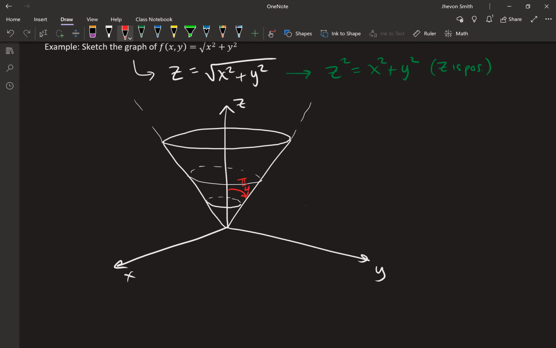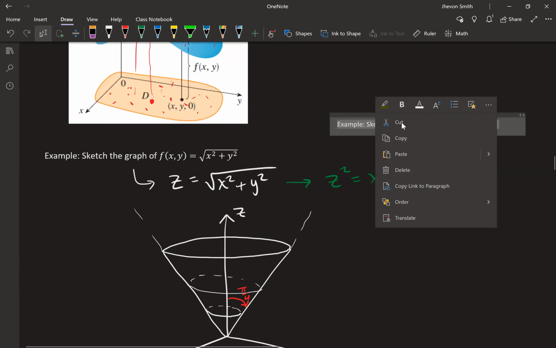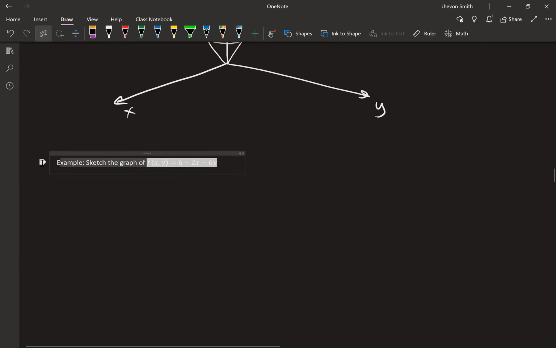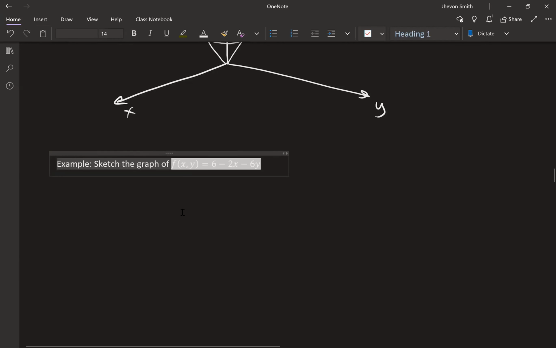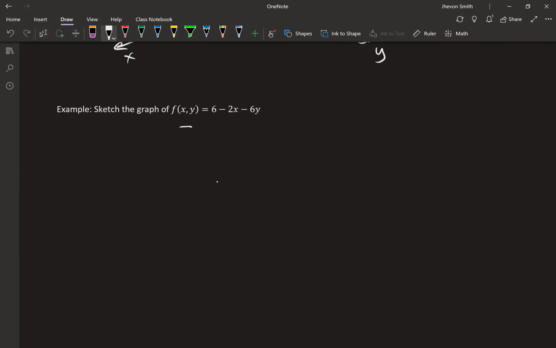It's a cone. It's another way to write a cone. So if I say f of x comma y is the square root of x squared plus y squared, well, that's just a cone. What about this guy? And again, we can replace this with z.